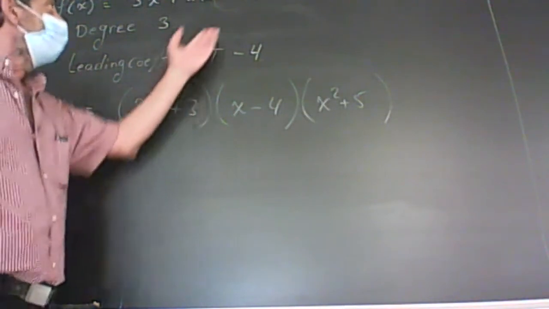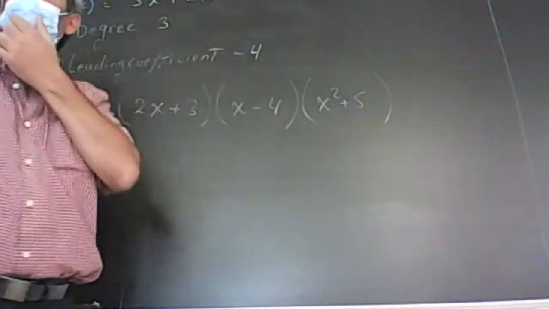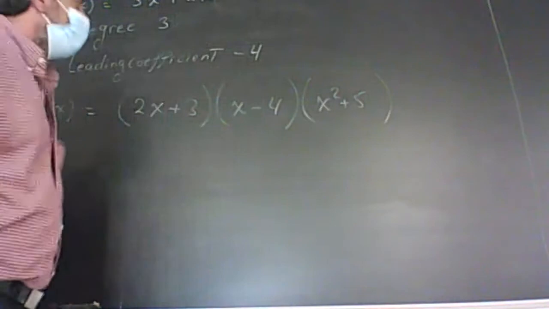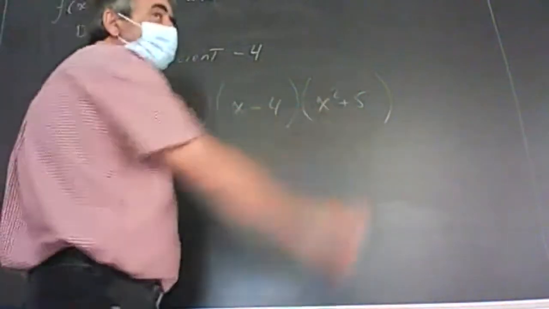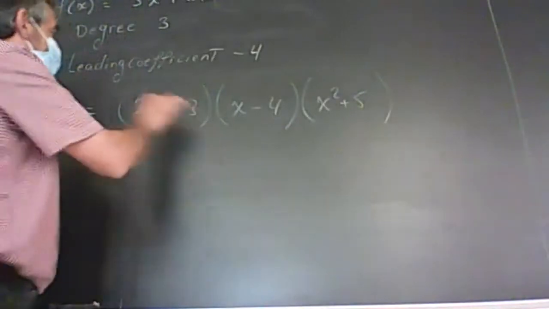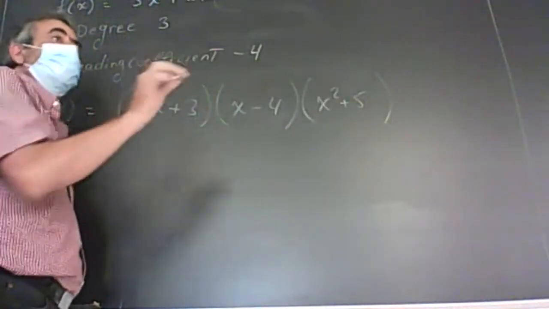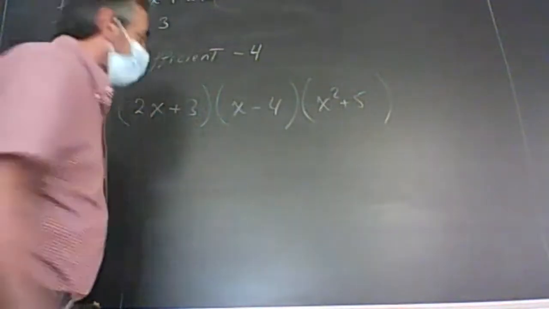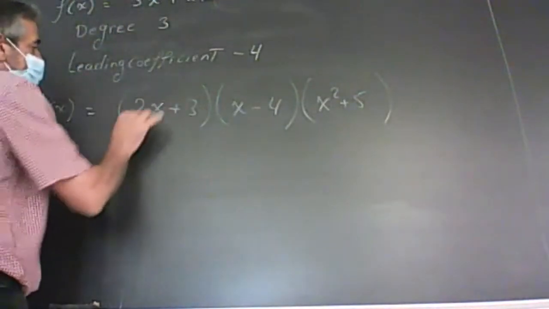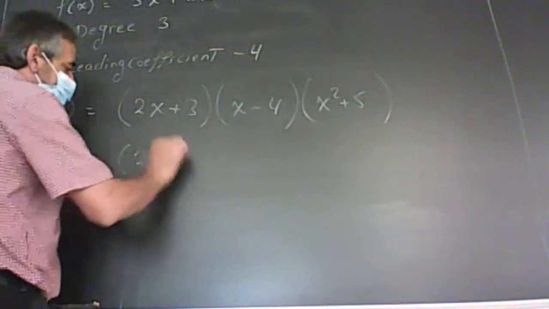Now notice, we are interested in the x with the highest exponent. Yes? So if I were to multiply all the x's, I will get that. So I'm going to look at every factor and look at the term with the highest exponent and consider that only. For instance, we have here 2x.